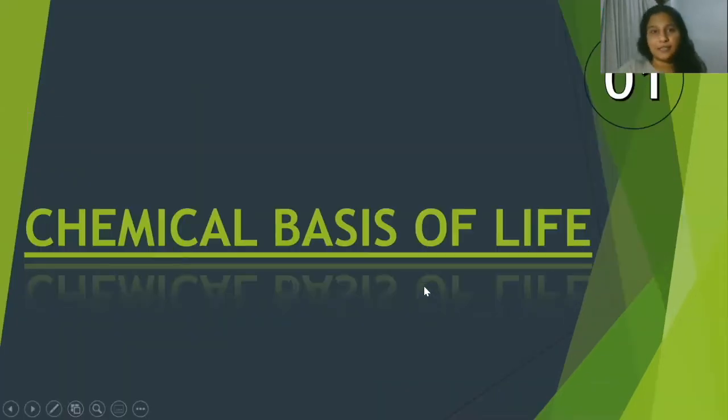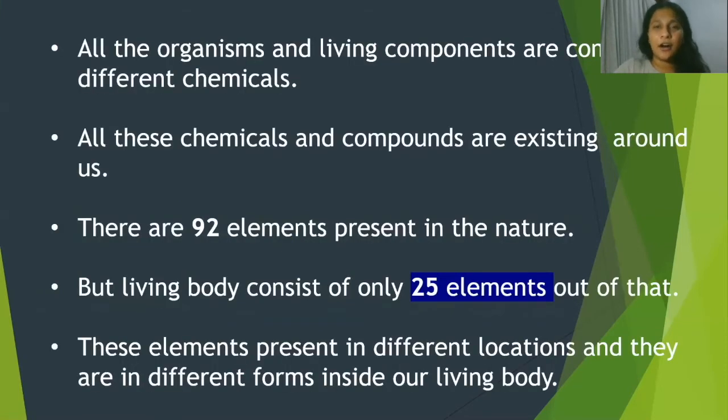So, chemical basis of life. I included all the special important points in my presentation, and I thought it will be easy for y'all. You all know all the living organisms, including us, are made up of different types of components and elements.